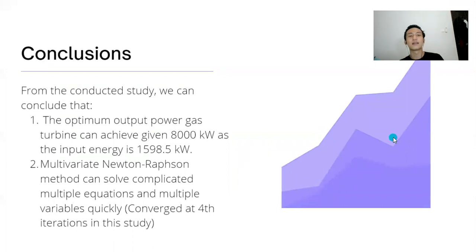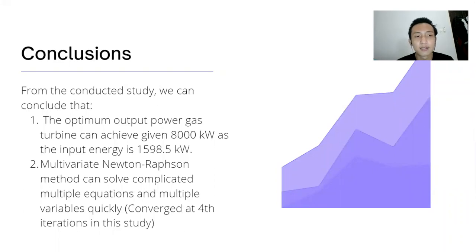From this conducted study, we can conclude that, first, the optimum output power the gas turbine can achieve, given 8,000 kilowatt as input energy, is 1,598.5 kilowatt.